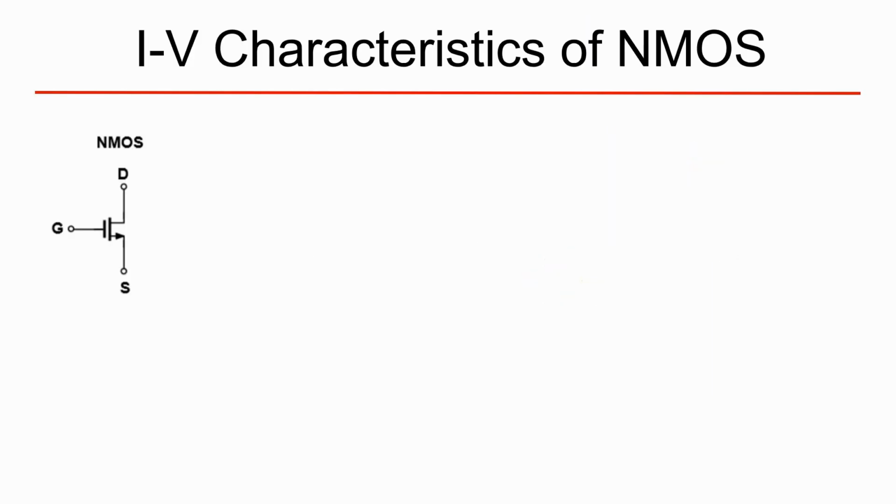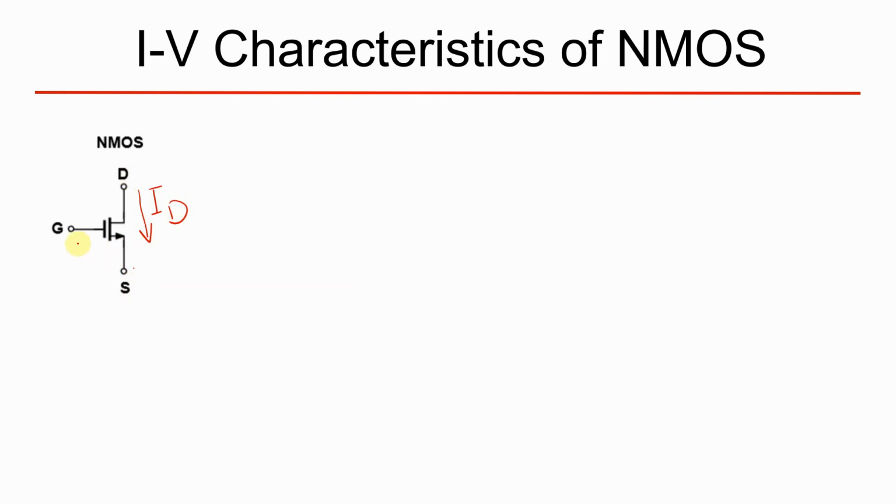This is an NMOS transistor, and as you can see, this is gate, this is drain, and this is source of this transistor. When we want to draw drain current, you can say this is the drain current and this is drain source voltage.